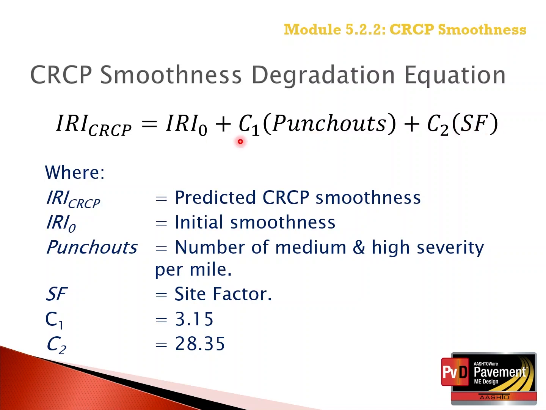The C1 calibration coefficient for the punch-outs term is 3.17, and the C2 calibration coefficient for the site factor is 28.35.